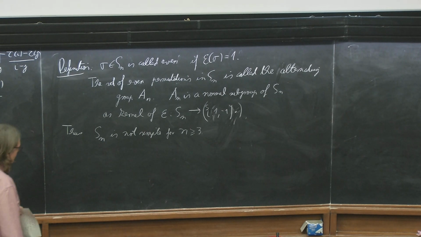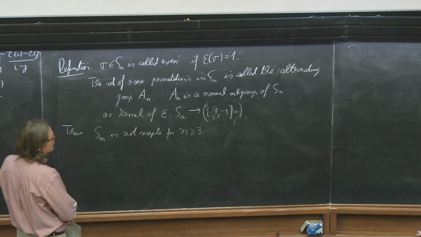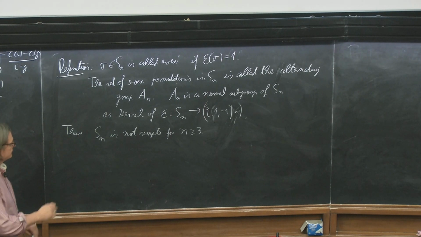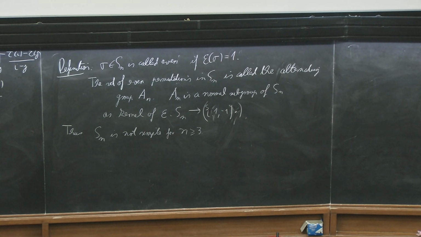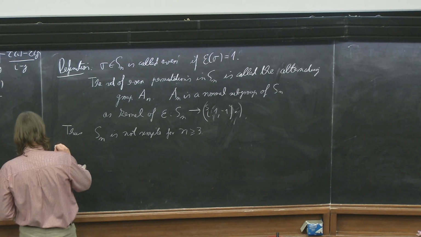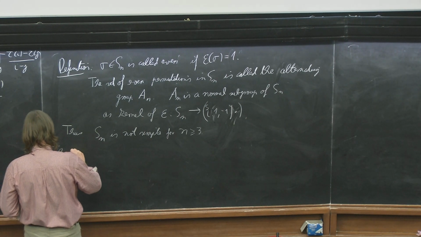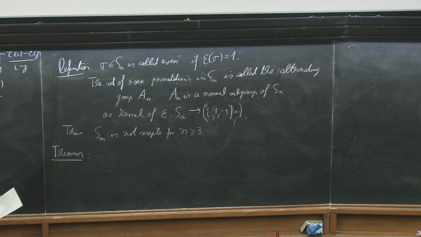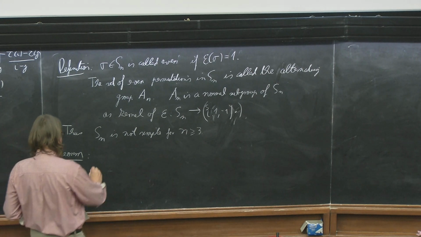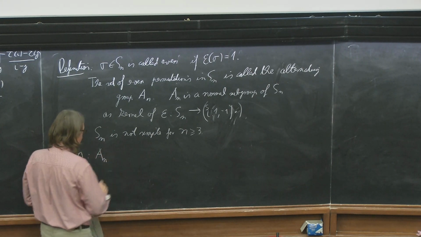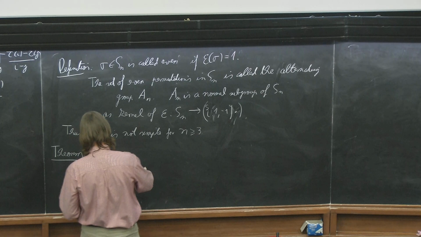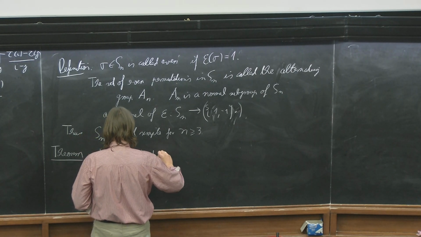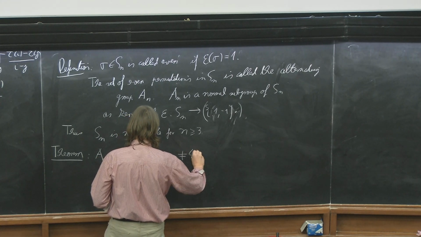Because, in S2, obviously the only even permutation is the trivial one. A theorem I'm not going to prove, but which I wanted to mention because it also plays a role later, is that An is simple for n different from 4.